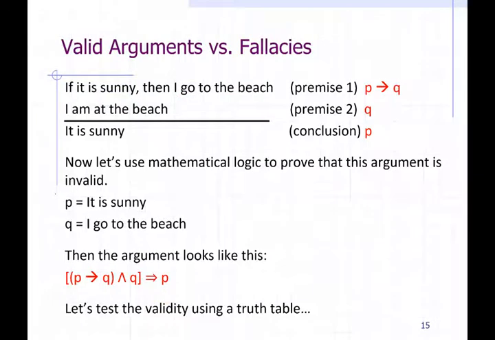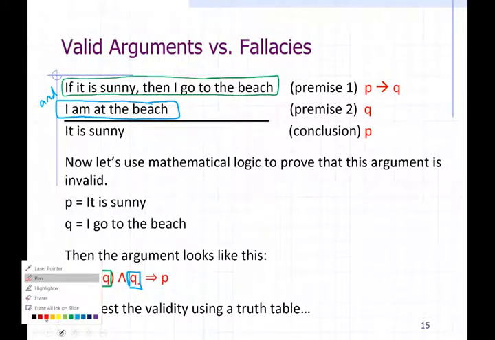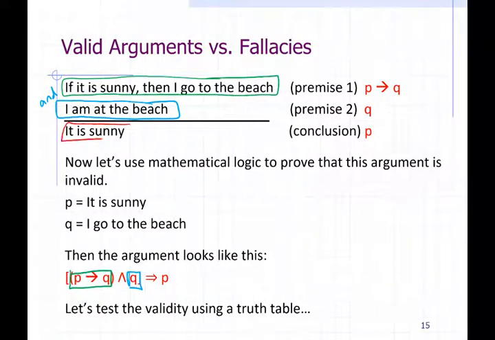So the argument looks like this. Premise number 1. So that's this. So let's switch it up. And premise number 2. So if premise number 1 and premise number 2 do they imply the conclusion?